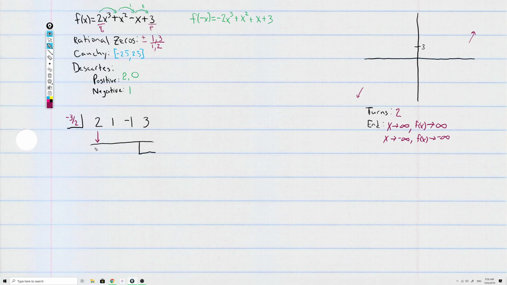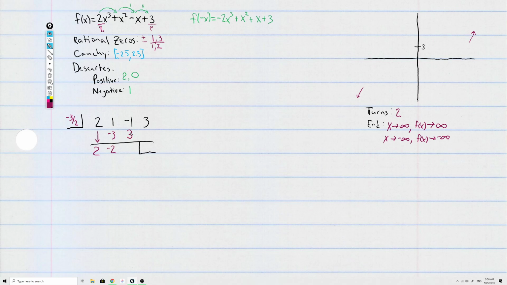So, the synthetic division algorithm: you bring down the leading coefficient, then you multiply. -3/2 times 2 is -3, and then we add the 2 terms above the line. So -3 plus 1 is -2. -2 times -3/2 is +3.